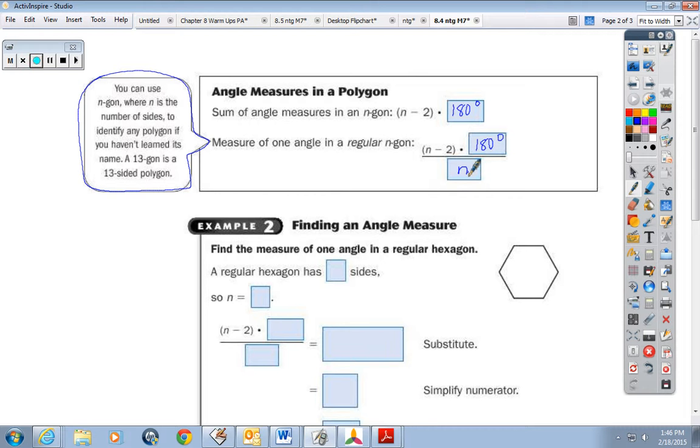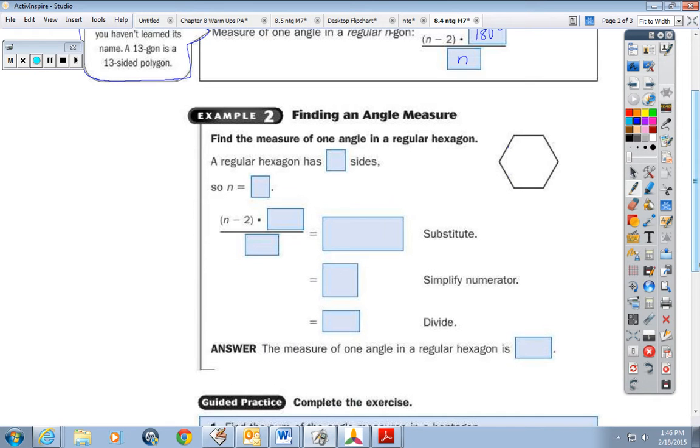Now in example 2, we can count those sides, and that counts out to be what? 6. So we know that 6 is a hexagon. It tells us that a regular hexagon has 6 sides, so n would be 6.